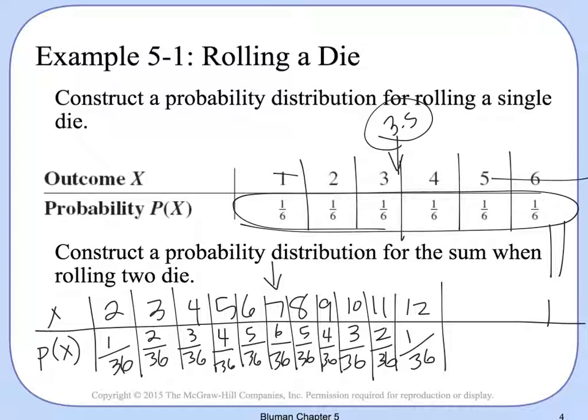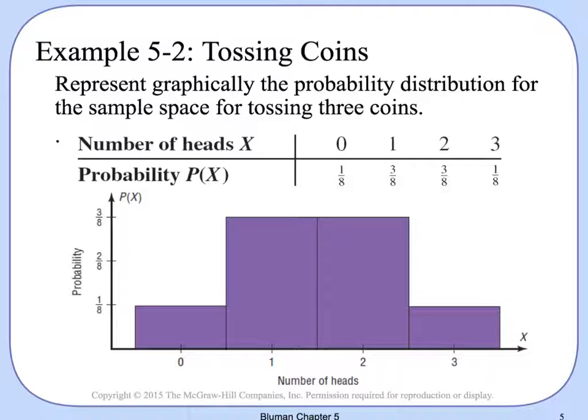Which one do you think goes in list 2? If it was your common sense, what would you put in list 1? The x's, right? And what would you put in list 2? The probabilities, right. It's like x and y, list 1, list 2. So this stuff's going to go in list 1, this stuff's going to go in list 2, and we'll use that here in a second.